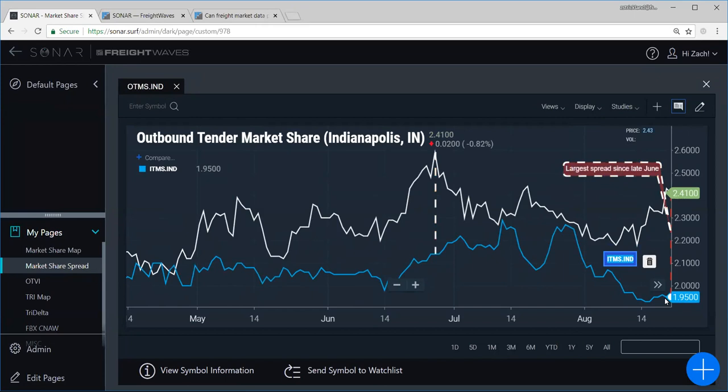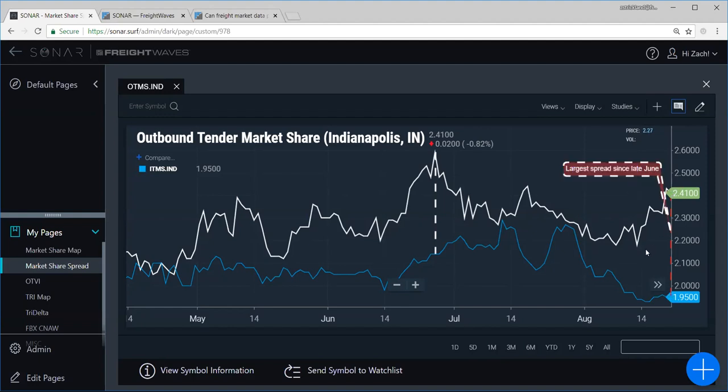So what that means is 1.95% of all accepted loads in the country are heading into the Indianapolis market as of yesterday. And then you see up here that there's 2.41% of all the outbound loads are moving out of the Indianapolis market as of yesterday.